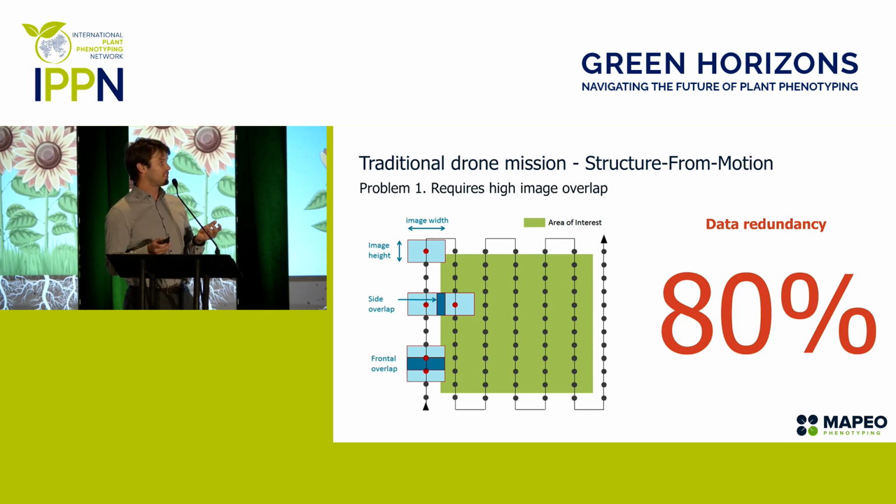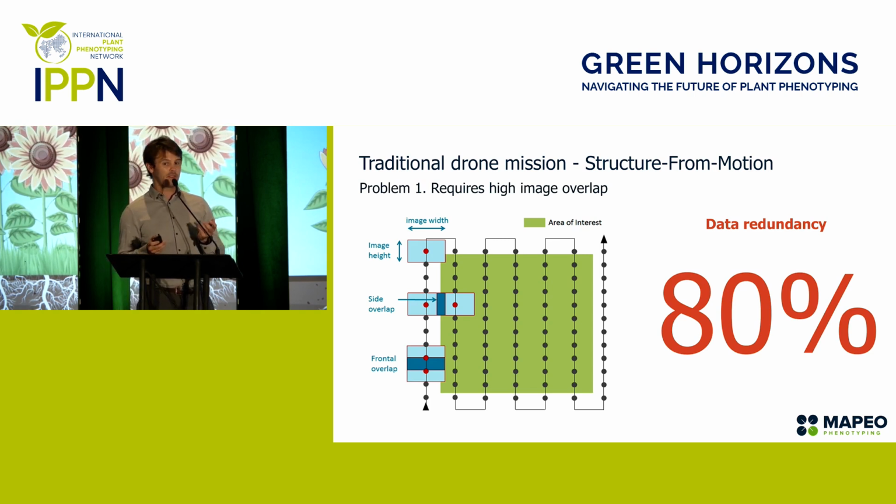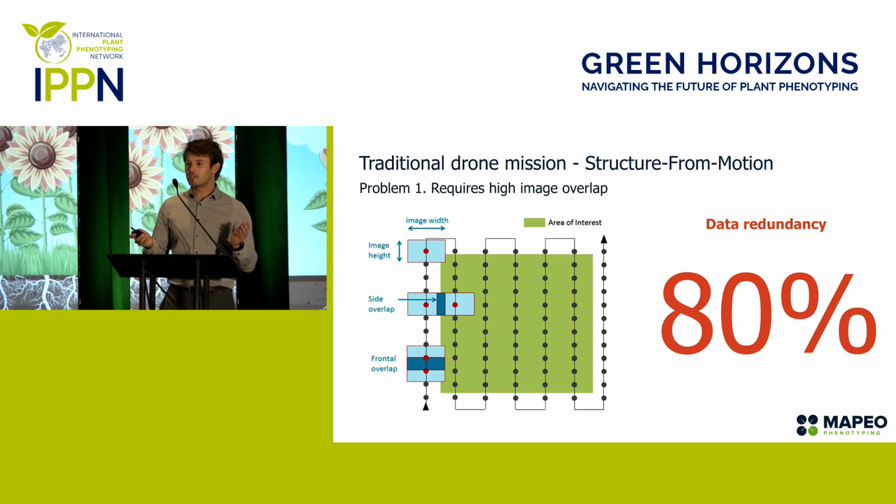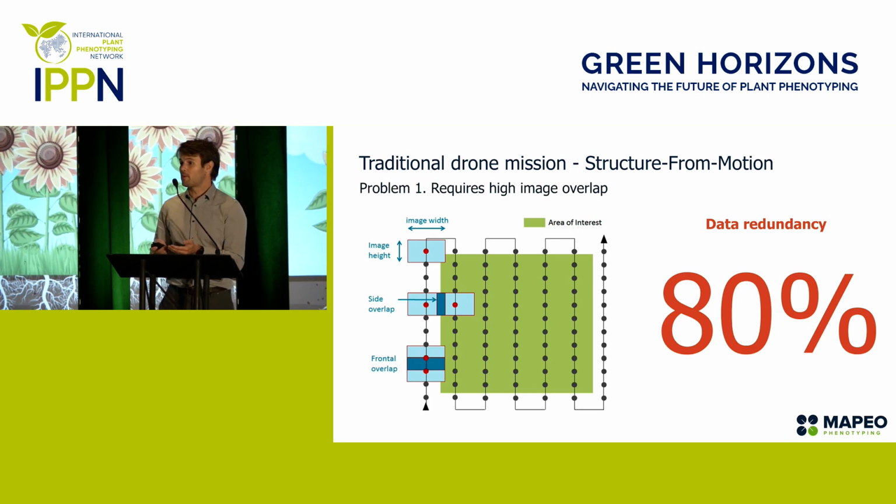The downside of this is that you then end up with the same parts of your field photographed over and over again. And this maybe was fine when we had lower resolution images and it was only a few gigabytes extra. But now if you're working on fields where you might be working at 1 millimeter resolution, this can get into hundreds of gigabytes of extra data that you don't really need and won't use.